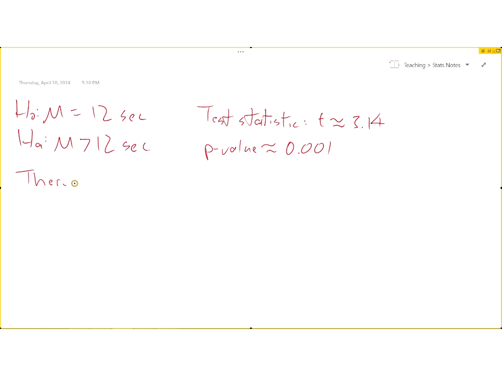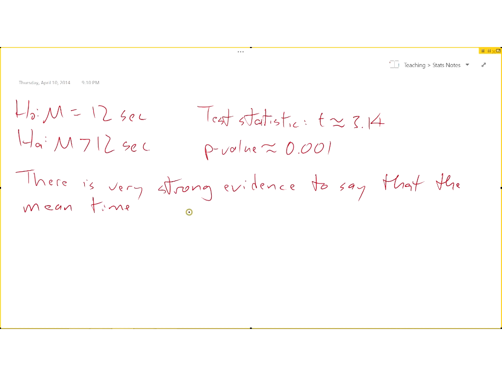So in this case, my conclusion would be that there is very strong evidence to say that the mean time to download a 3-minute song is more than 12 seconds.